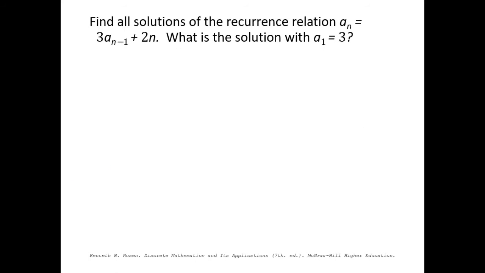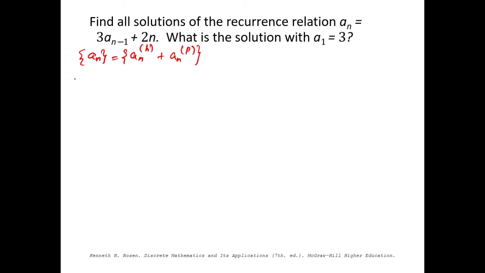Now the problem given here is an = 3an-1 + 2n. 2n is basically a non-homogeneous function, so the solution will be given by a homogeneous part and a particular part. So we'll first solve it for the homogeneous part.